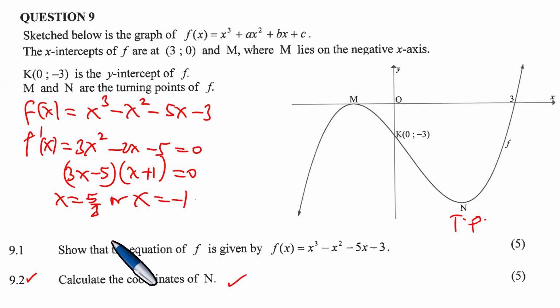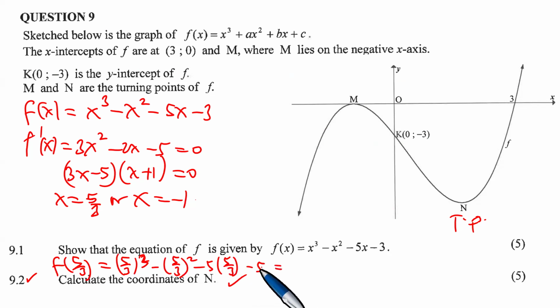Okay, so we got the x values here, and obviously this one would be at the point n. If x is 5/3 in this particular equation, you'd have 5/3 cubed, minus 5/3 squared, minus 5 times 5/3, minus 3, which equals minus 256 out of 27.